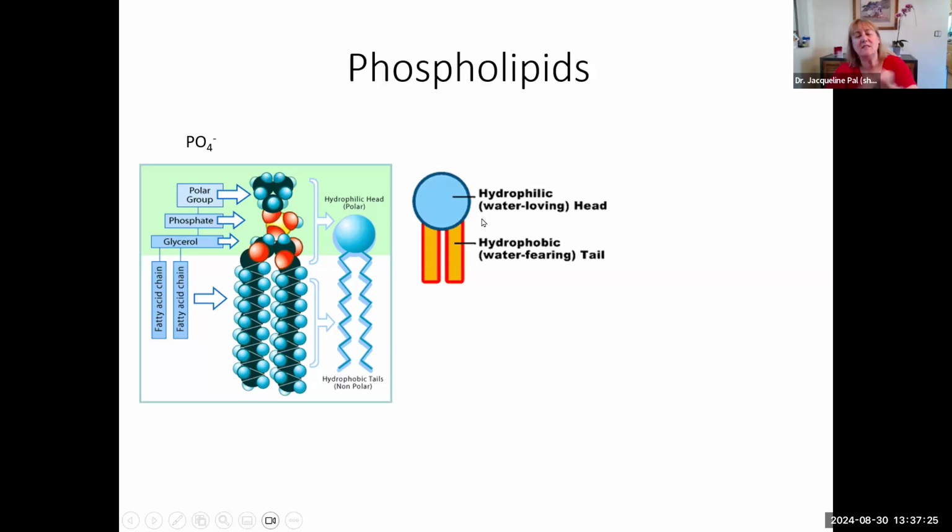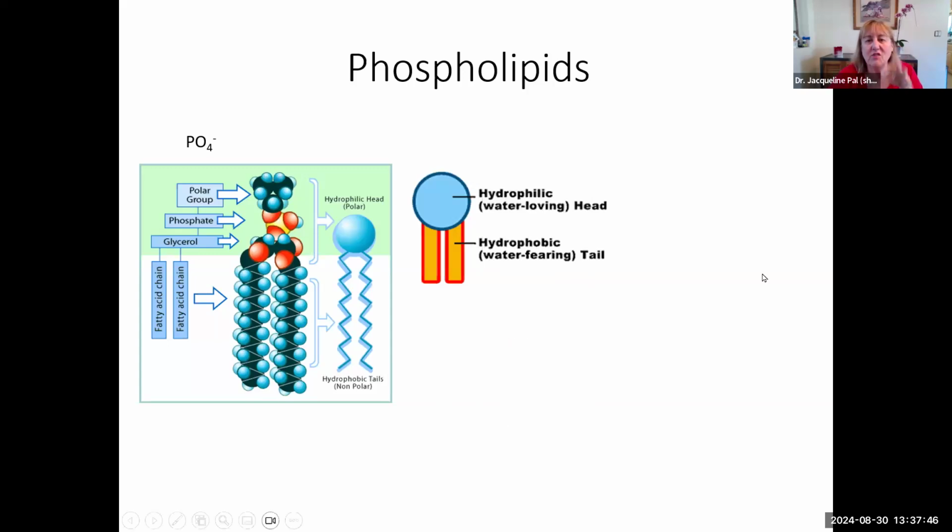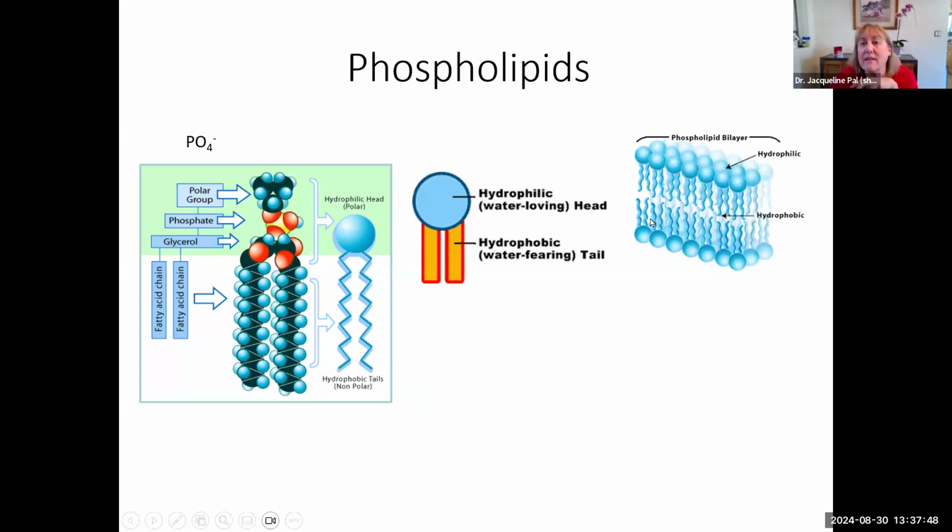If we were to take a handful of these phospholipids with the hydrophilic heads and the hydrophobic tails, and dump them into a container of water, they would spontaneously arrange themselves like this.